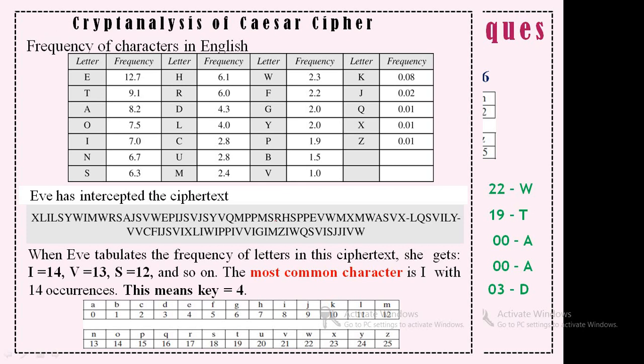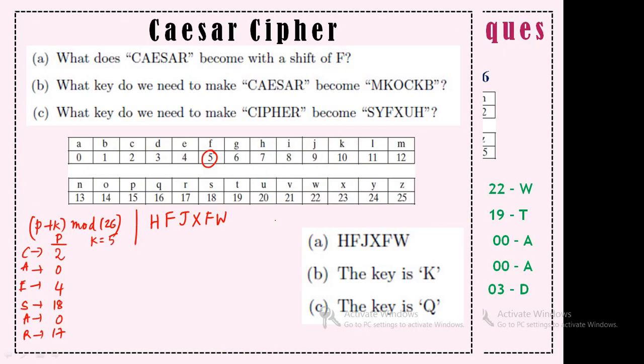In the small cipher example I have given you, you don't need frequency to find out the key; you could have found it easily by mapping correctly. But if the ciphertext is very long and made secure using a particular key, even if you leave out the brute force part, you can assume what the key is by looking at the frequency of occurrence of the letters. That's the idea.